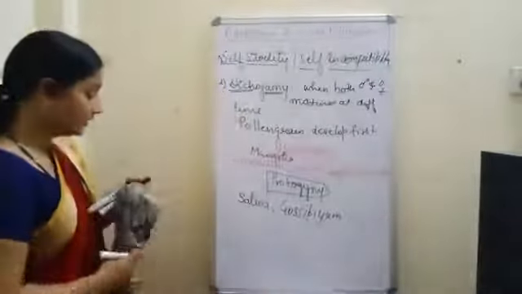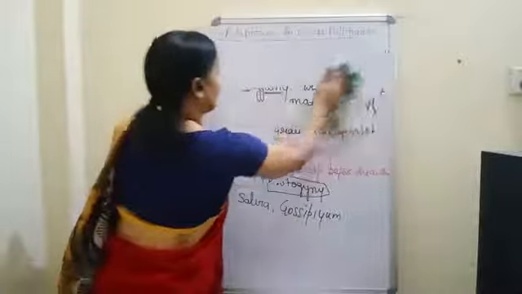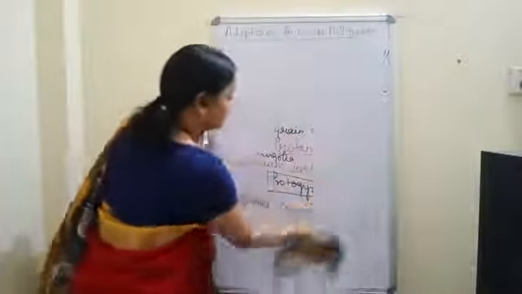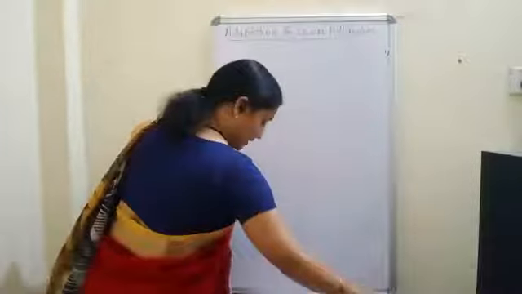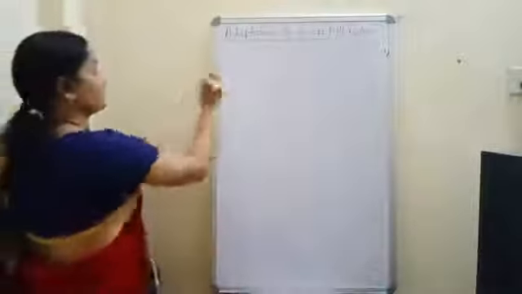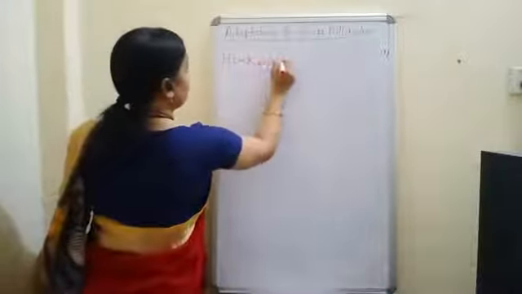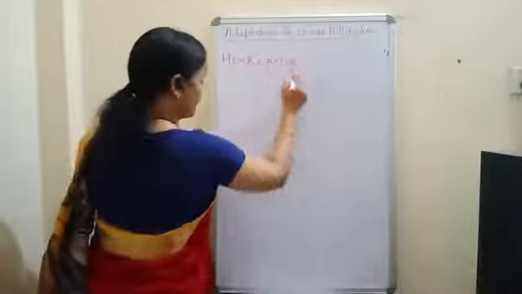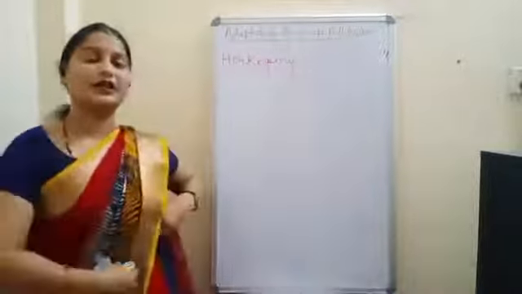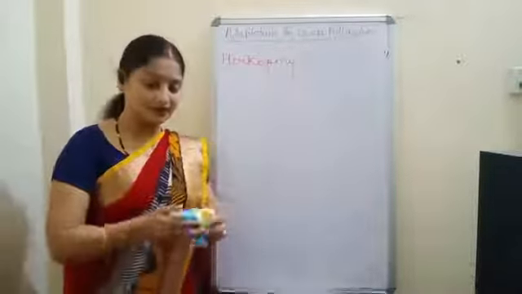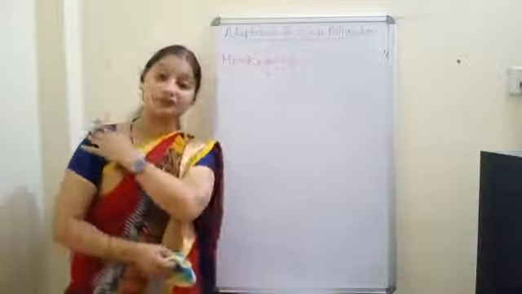Now the third condition is hercogamy. Now see children, the meaning of hercogamy. Okay, listen carefully. This is the condition for the bisexual flower. Now the meaning of bisexual flower is where the flower consists of both male and female parts.